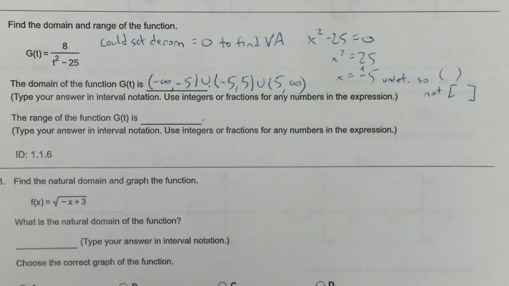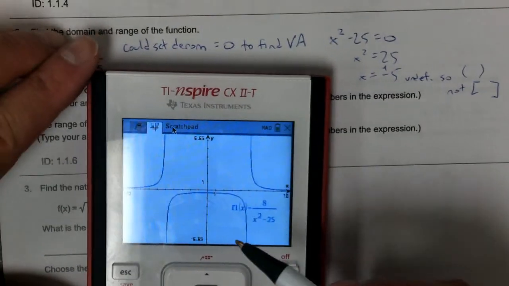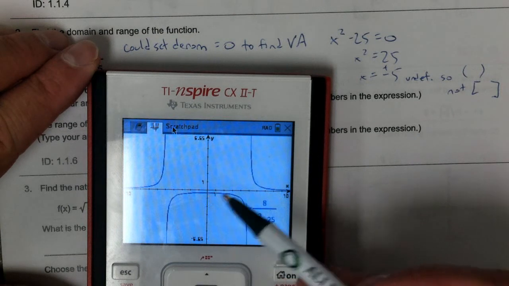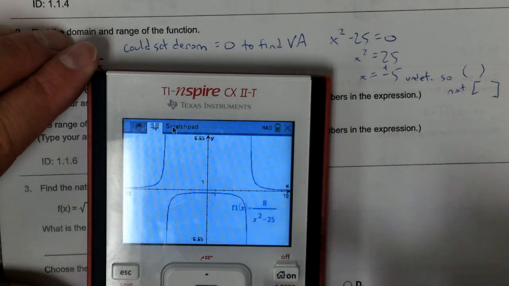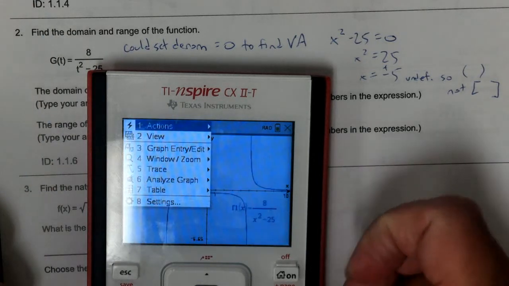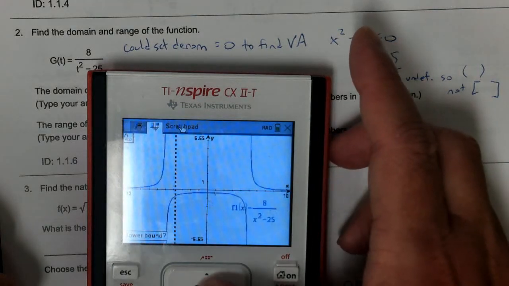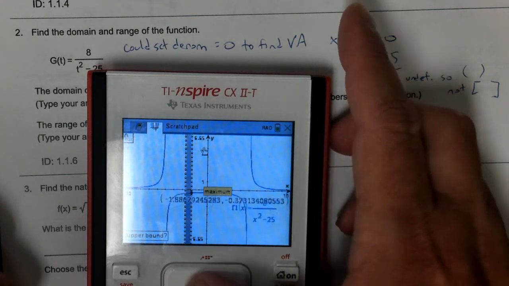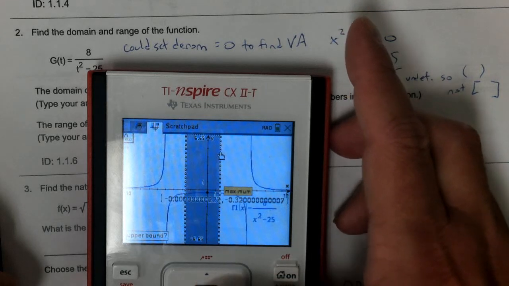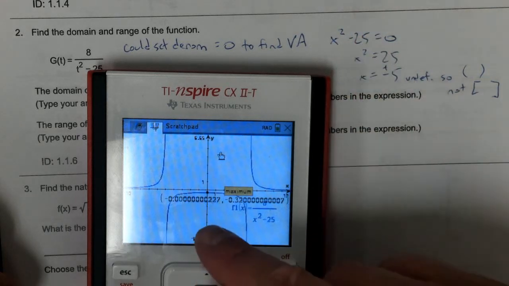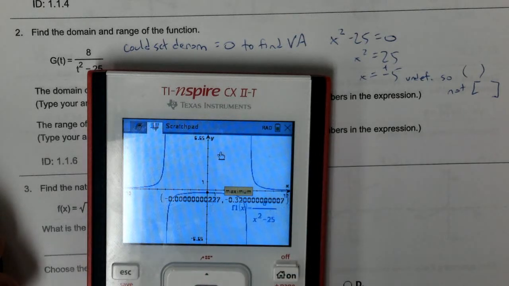The next part is about the range. And so I need to know what this maximum is. Menu, analyze graph, maximum. Between there and there. Negative 0.32.